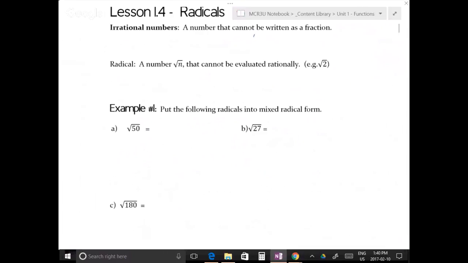Does anyone know what an irrational number is? A number that we can't write as a fraction. What's the most famous irrational number? One is rational. Any whole number, any integer is rational.